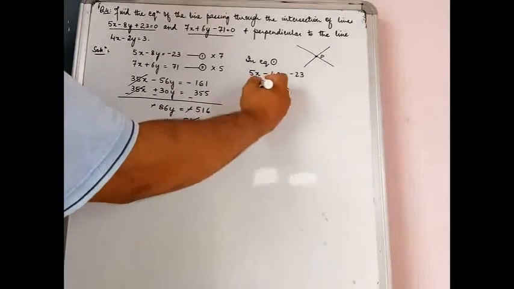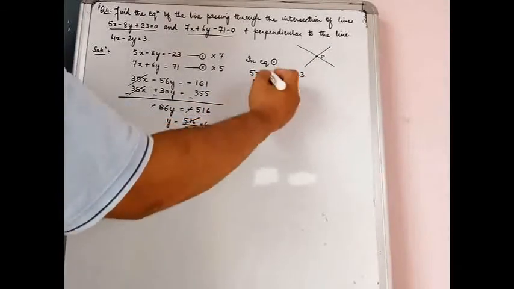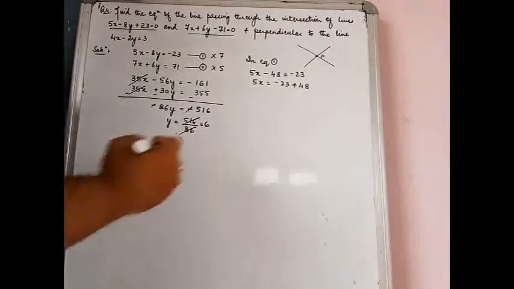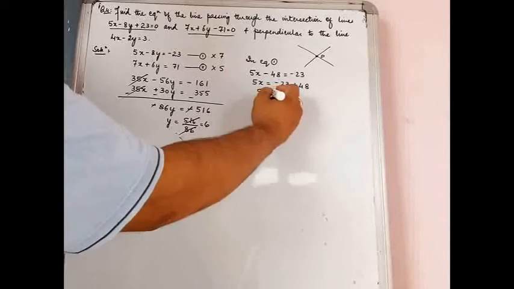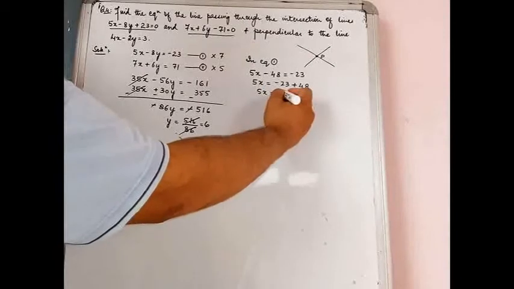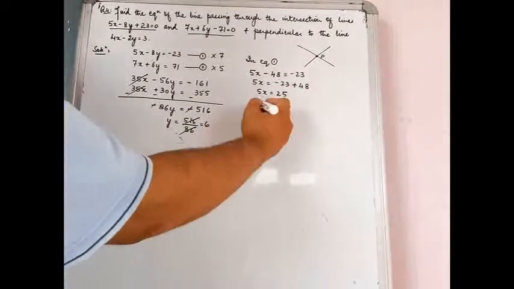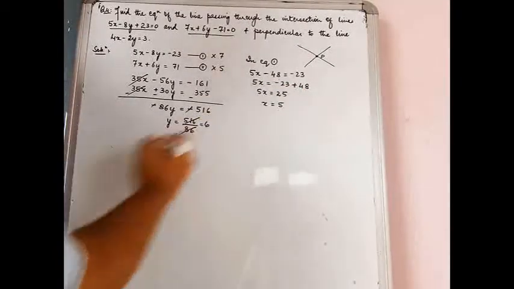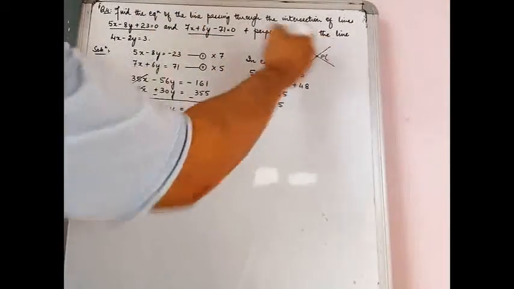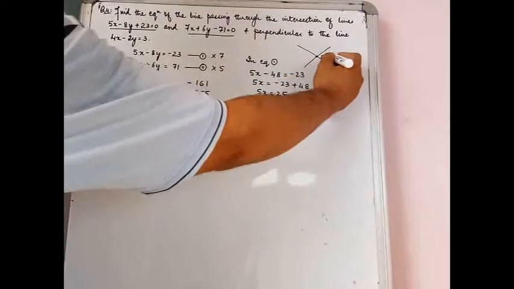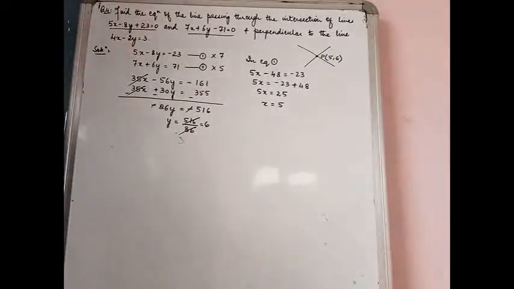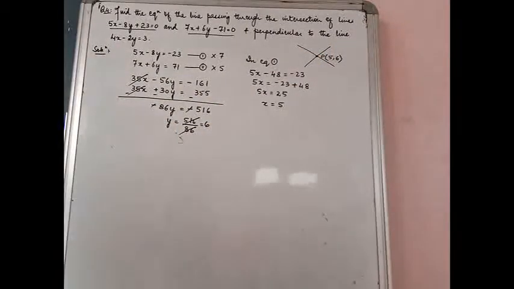Okay, therefore 5x becomes minus 23 and this minus 48 goes to the right hand side, it becomes plus 48. So you have 5x is equal to 48 minus 23, so you can write that down as 25. Okay, so x becomes 5. Now our point P, which is the point of intersection of these two lines, is 5, 6. So the coordinates of the point of intersection have been found out.